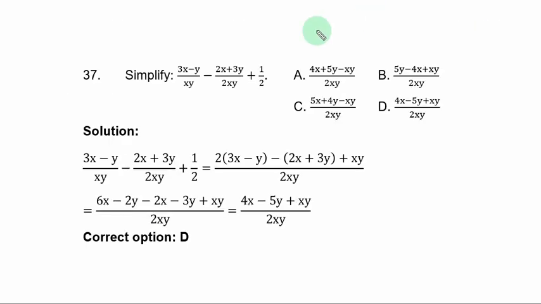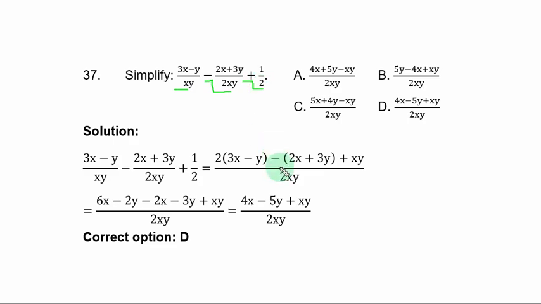Question 37. Simplify (3s minus y) over sy, minus (2s plus 3y) over 2sy, plus 1 over 2. All we have here is fraction addition and subtraction. To simplify, you simply find the LCM of the denominators sy, 2sy, and 2.